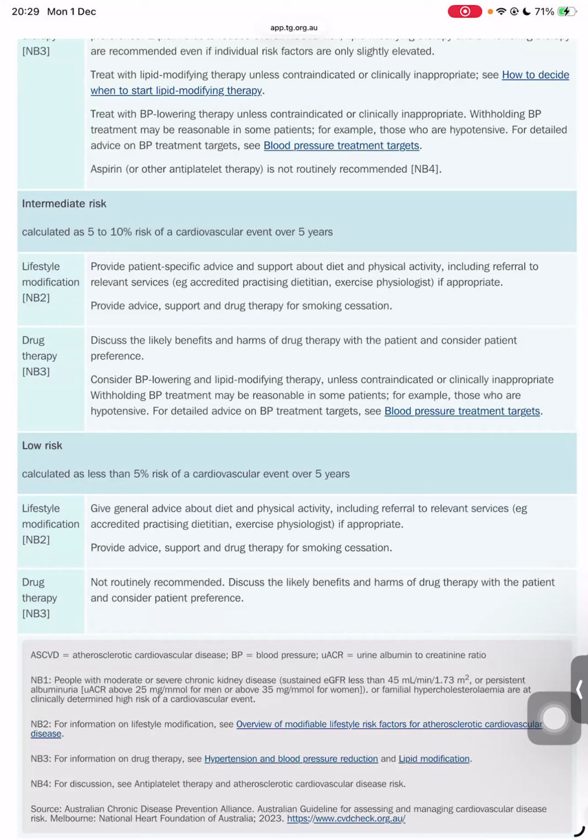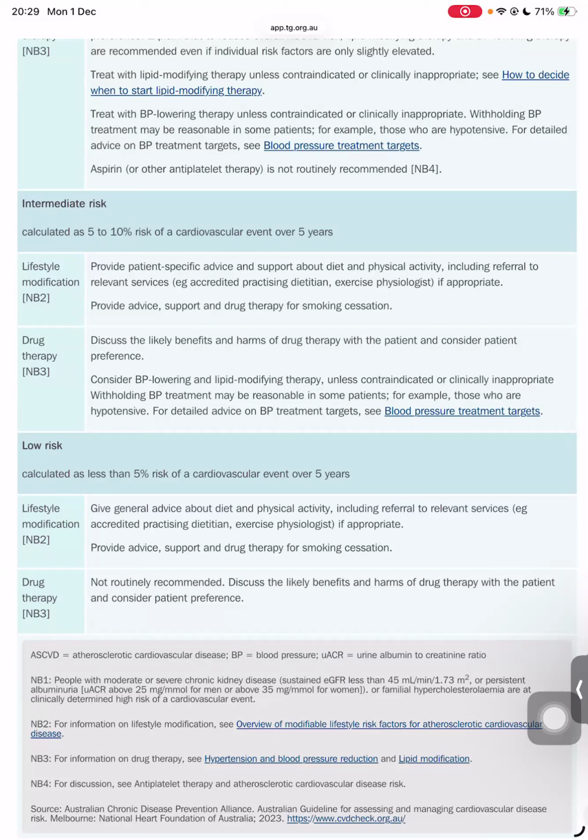Here, you have to remember this point: the third point in lifestyle modification is that lifestyle advice should be given in combination with blood pressure lowering and lipid modifying drug therapy. In here we must give blood pressure lowering therapy and lipid modifying therapy.